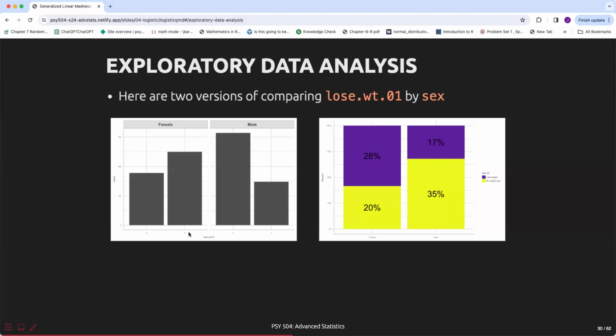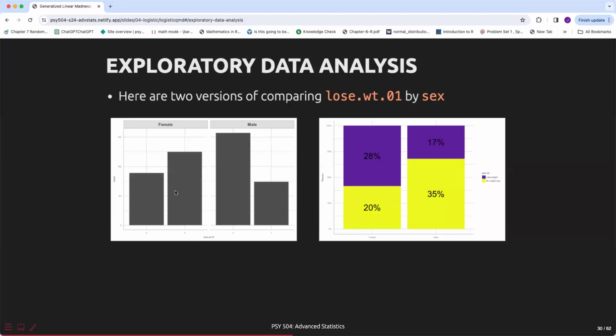What do we see in terms of differences between males and females? The women want to lose weight and men don't. Yeah, that's essentially in a nutshell. That's what the data is showing, right?